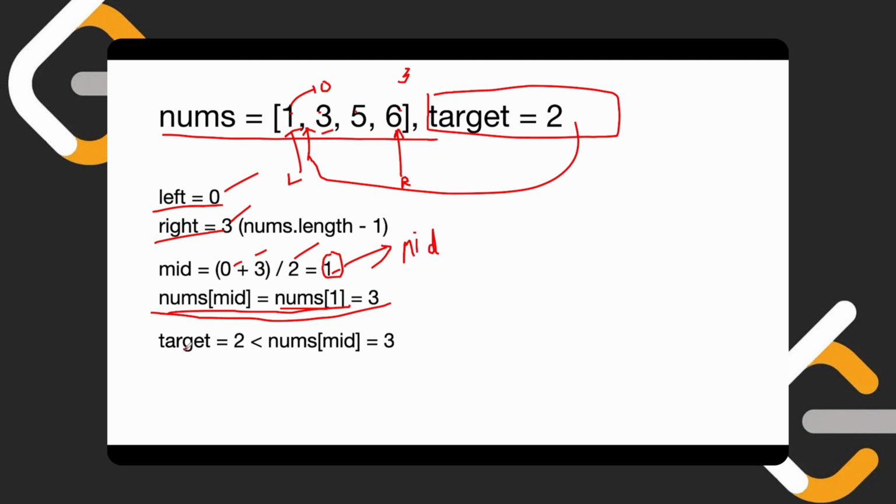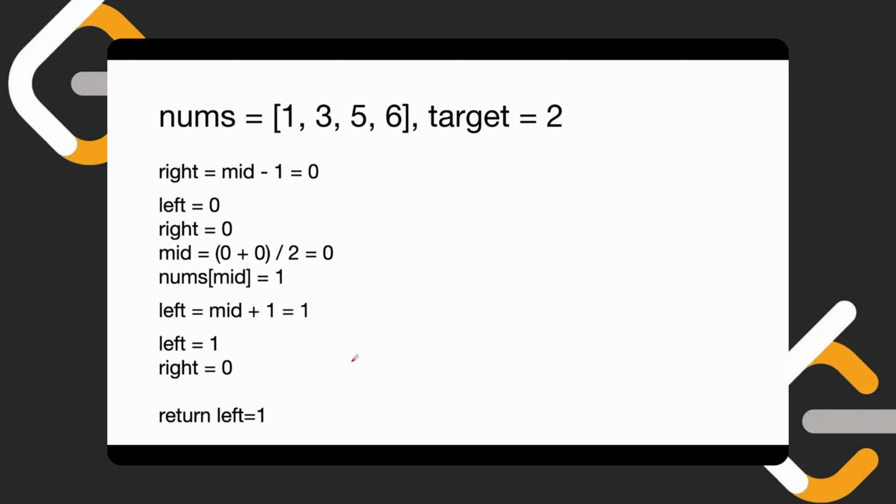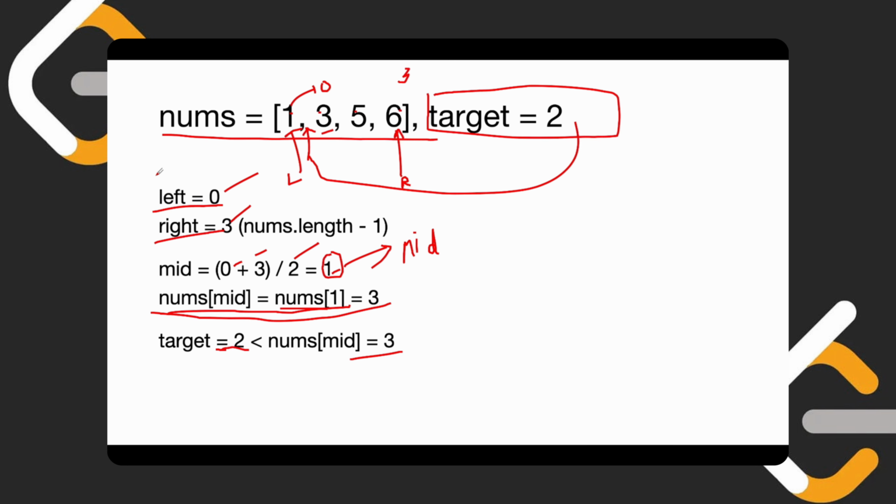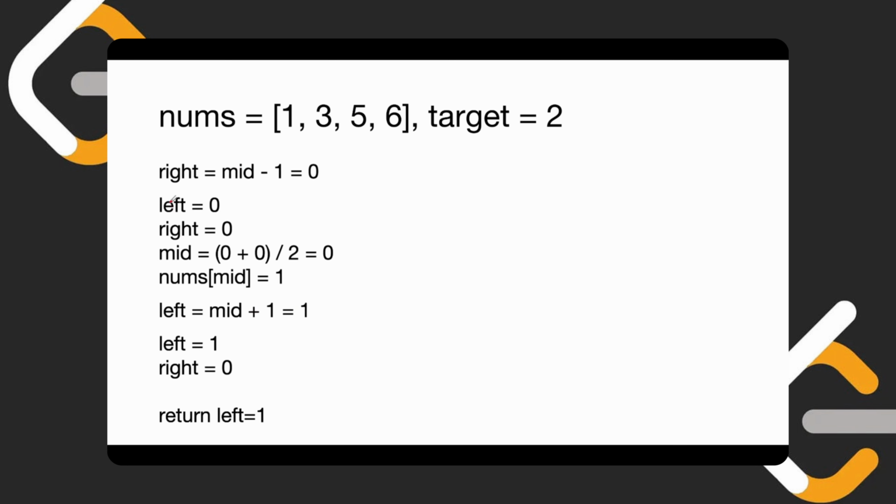Now check if target is less than nums of mid. The target we have is 2, so 2 is less than nums of mid. If 2 is less than nums of mid, you have to alter the right pointer. So now right pointer is equal to mid minus 1. Why mid minus 1?